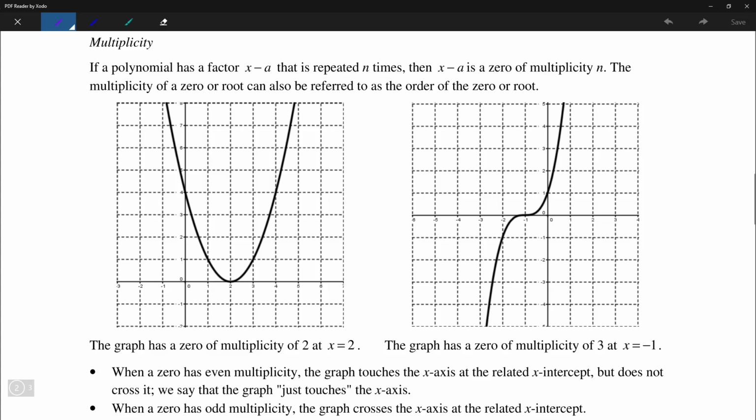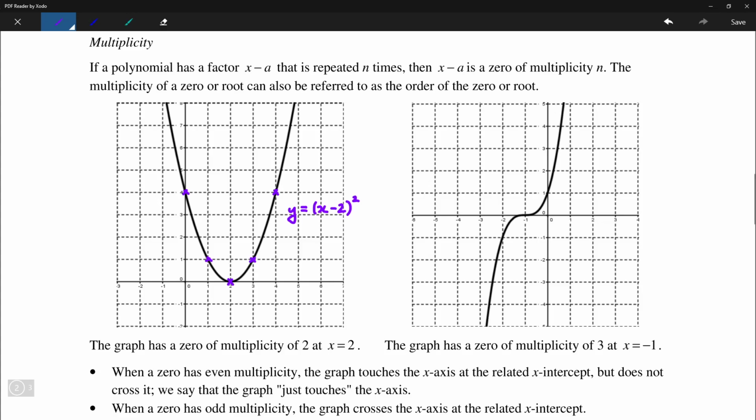Okay, so it's also known as the order, but we'll keep it as multiplicity. So for example, this parabola that is on the left-hand side, you can see that it's the standard shape. In fact, we can have a very good guess as to what the equation was. It was actually y equals x minus 2 all squared. Right, it's just x squared moved to the right 2 spaces. So the x minus 2 factor appears twice, so it has a 0 of multiplicity 2 at x equals 2.